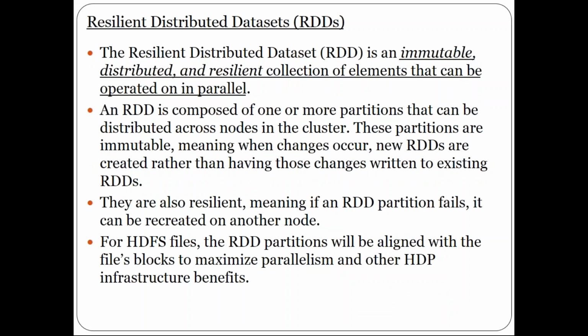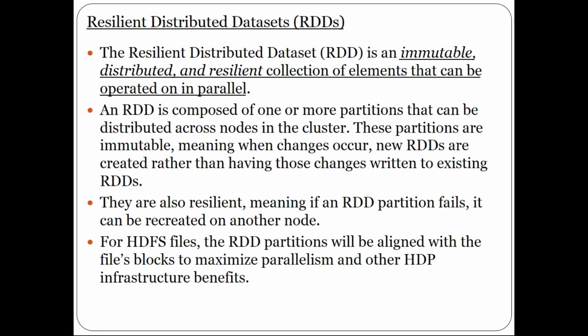Now, RDDs. The resilient distributed dataset is an immutable, distributed, and resilient collection of elements that can be operated on in parallel. I have been telling you it is distributed parallel processing. How is RDD supporting distributed parallel processing?